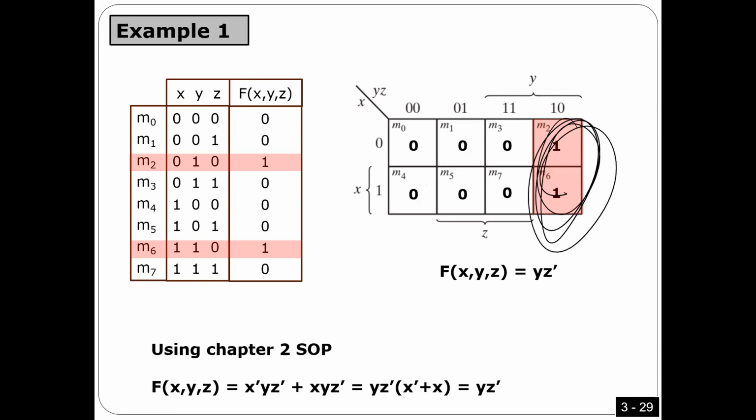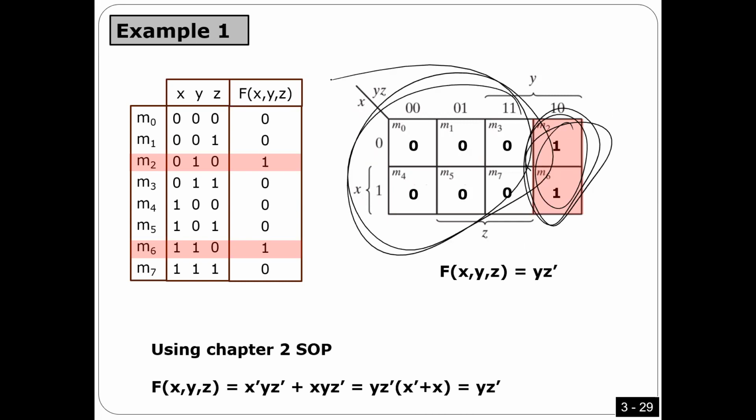You got what I'm saying? So now I'm going to repeat everything I did so far, but instead of creating groups for 1s, I'm going to create groups for 0s. I need to cover all 0s, not all 1s. And if you do that, you will get the simplified sum of product for f prime.